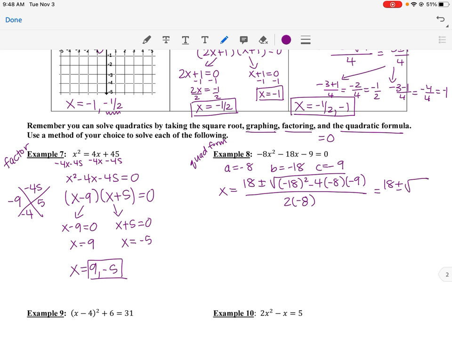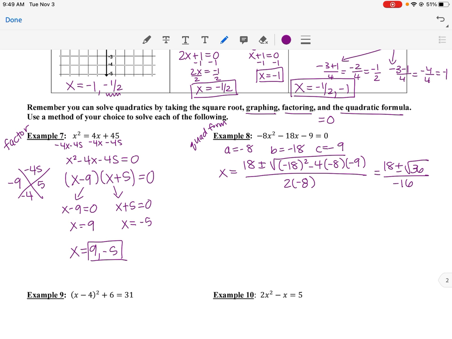Now let's figure out what that is underneath the parentheses. So that -18 squared minus 4 times -8 times -9 gives me 36 all over -16. So I get 18 plus or minus 6, because the square root of 36 is 6, divided by -16.